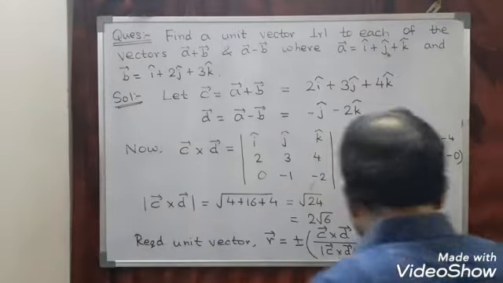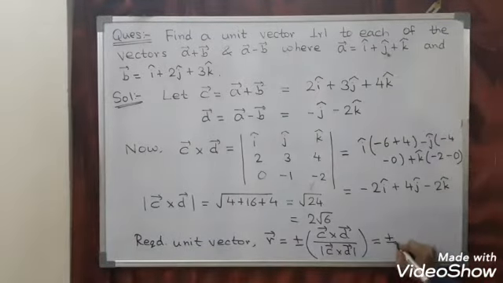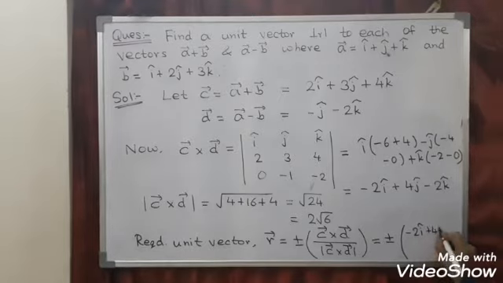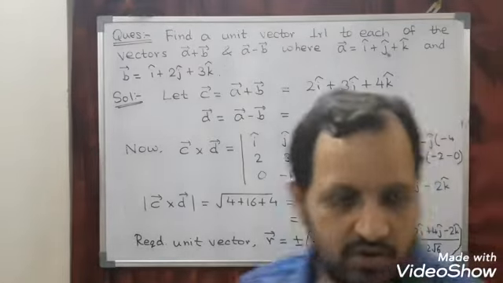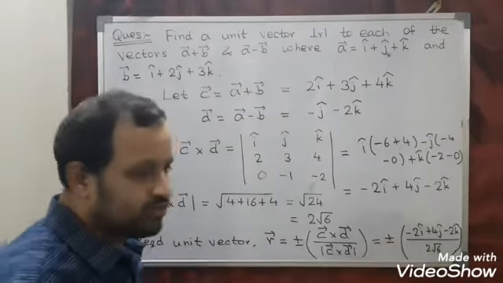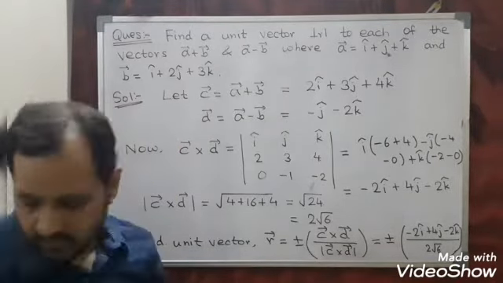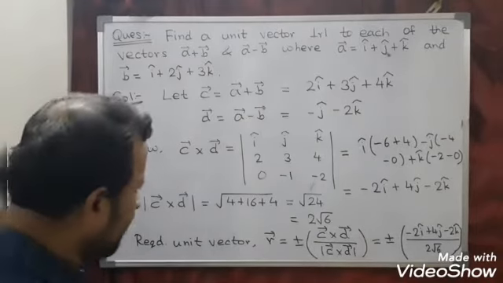So finally we can see it is plus minus C cross D, so it is minus 2I plus 4J minus 2K divided by magnitude of C cross D, which is nothing but 2 root 6. So this is the required answer. So if you want, you can cancel 2. Okay, so let us cancel 2 and write in proper way.